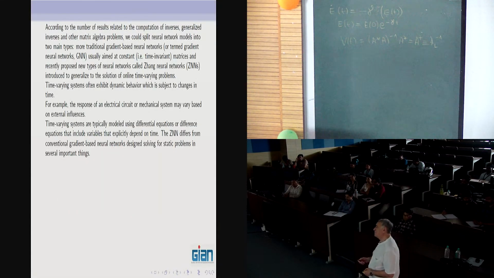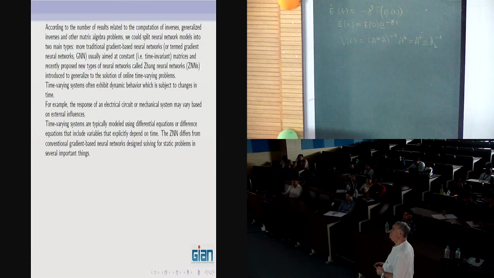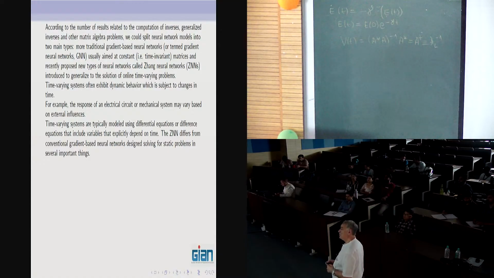It is a short comparison between GNN and ZNN. We can split recurrent neural networks, continuous time recurrent neural networks, into the GNN class, gradient neural networks, and the ZNN class, zeroing neural networks.